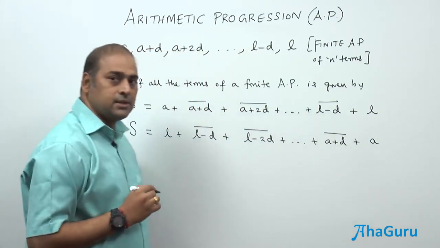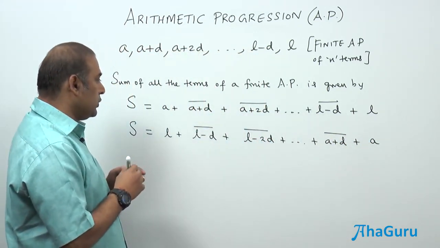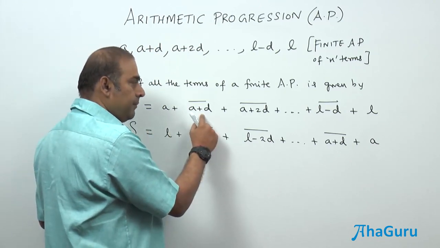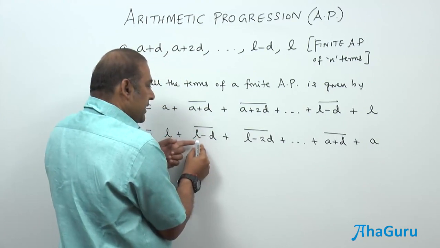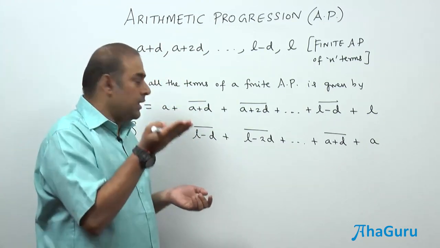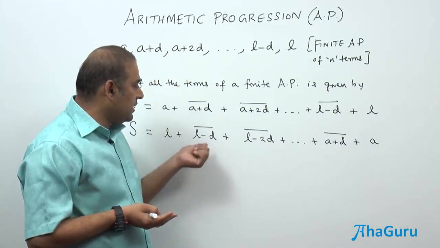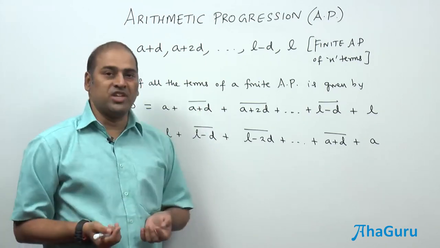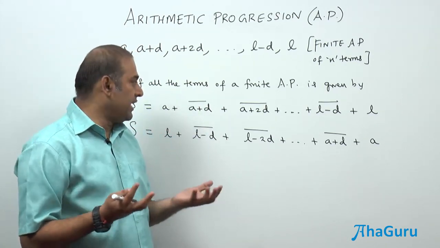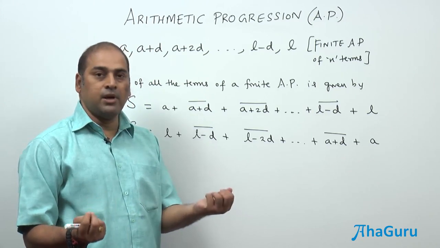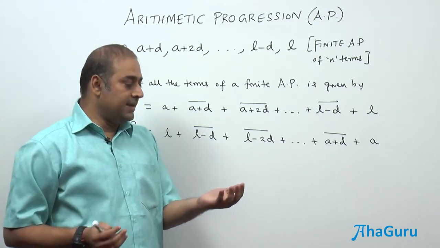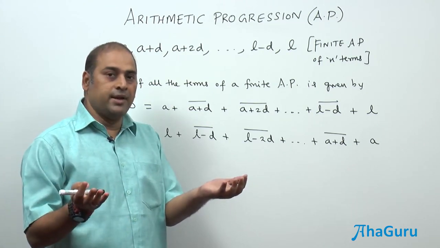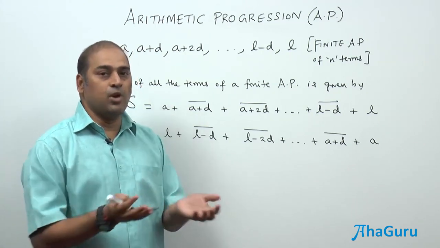The advantage is, since you increase this by d and this one, L, is decreased by d, when you increase a number by something and decrease the other one by something, the sum is not going to change. For instance, say you have some marbles in the left hand and right hand. If you transfer some marbles from the right hand to the left hand, this is going to decrease, that is going to increase, but the sum will not change.